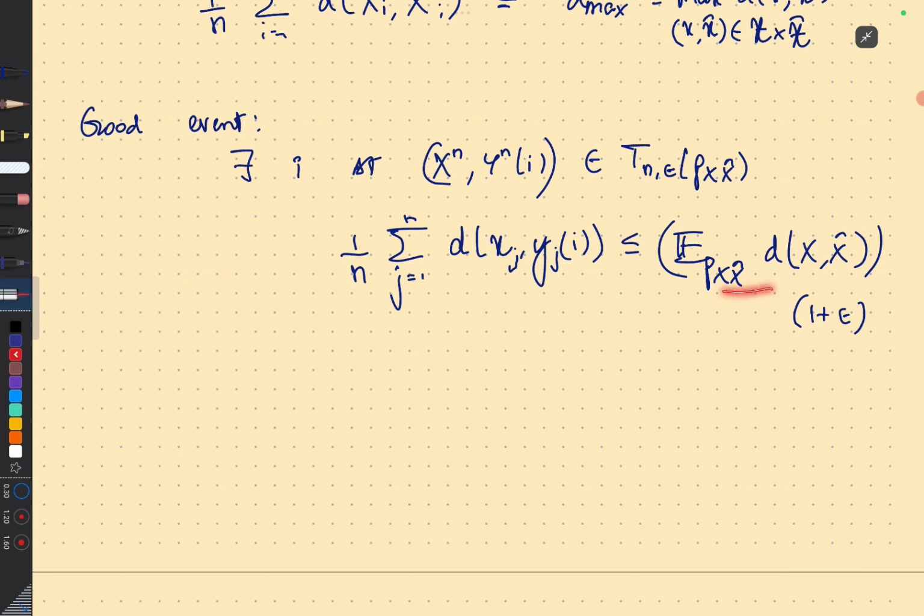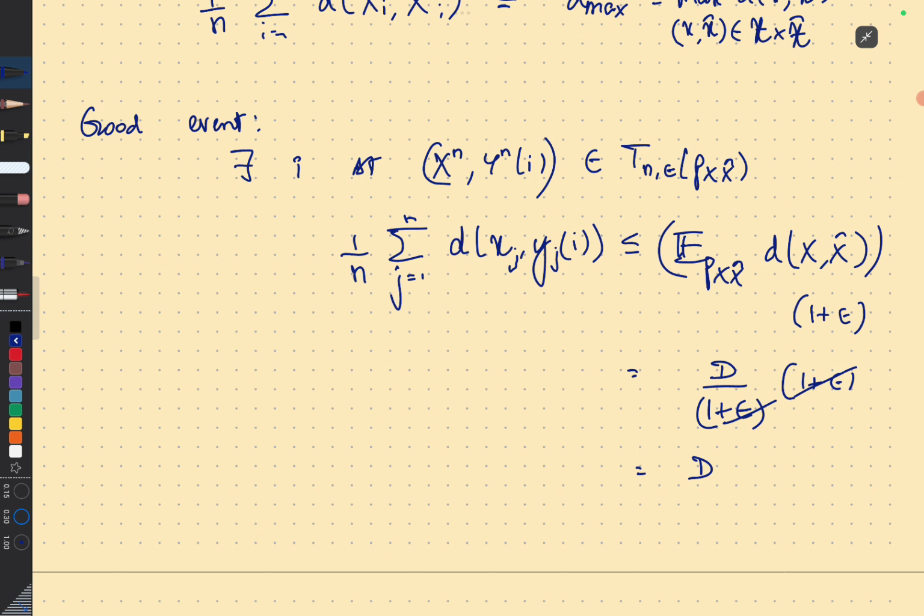Such that this quantity is less than or equal to capital D divided by 1 plus epsilon. So this is equal to capital D divided by 1 plus epsilon times 1 plus epsilon, which cancels, so this is equal to D.